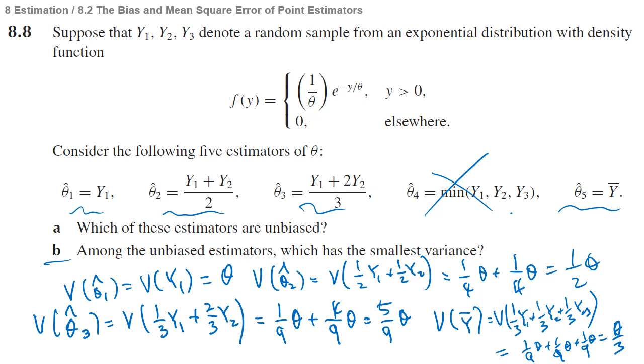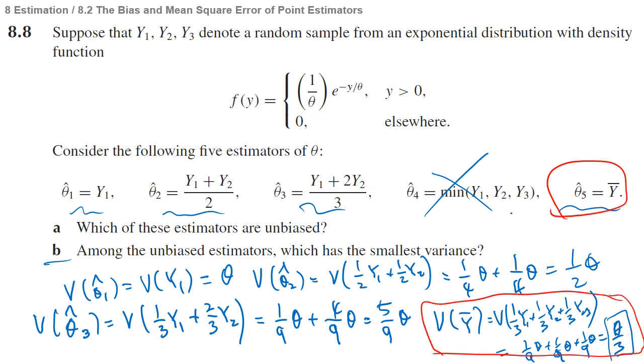And as you can see, this one is the smallest. So we have proved that this one has the smallest variance, and you know that the one with a smaller variance is the better estimator. So Y bar is the best estimator among these candidates. Okay.